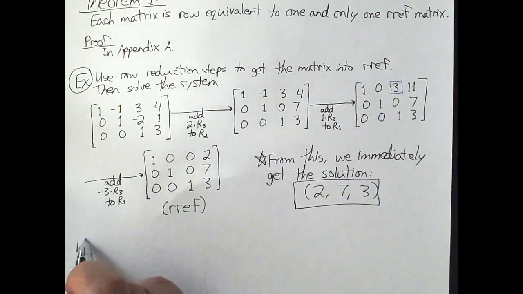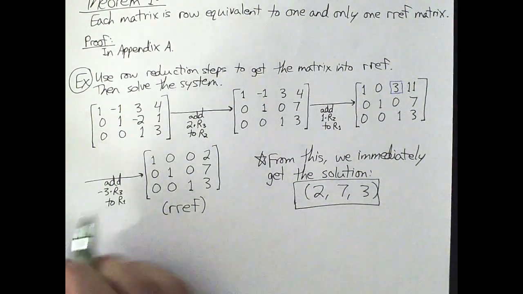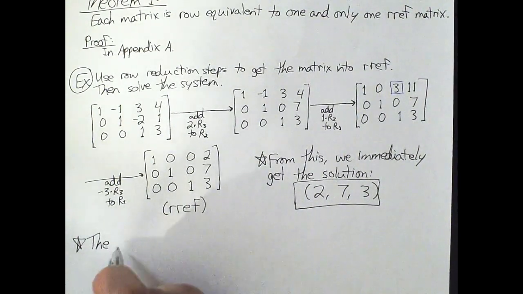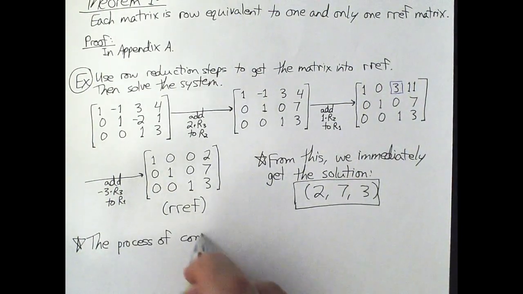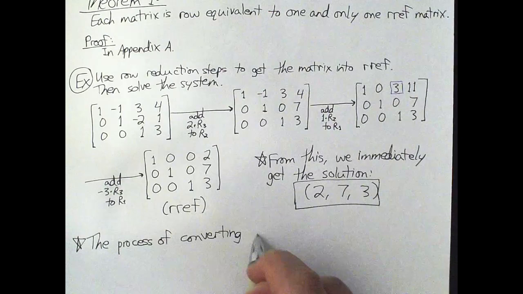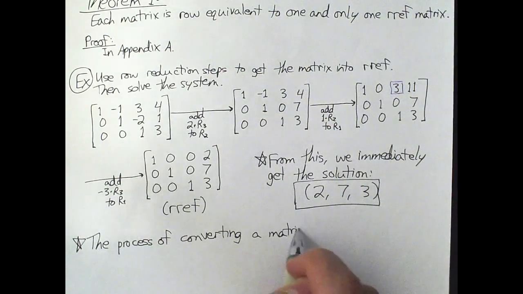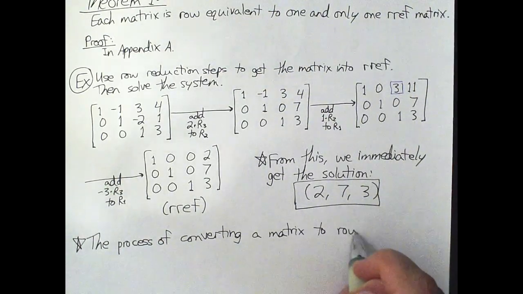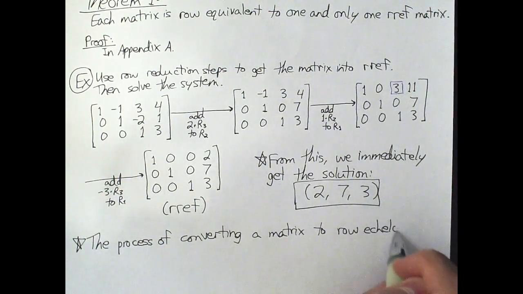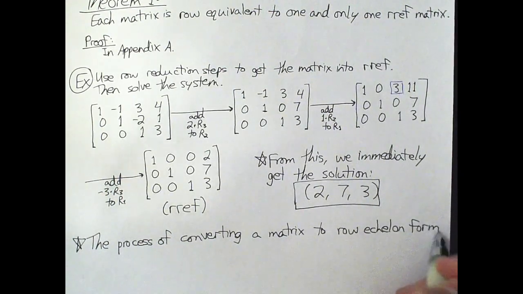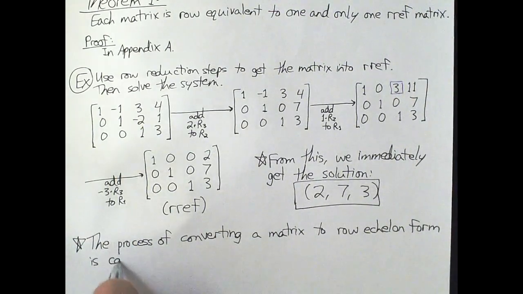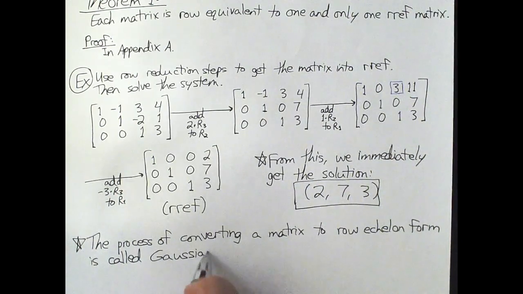All right, a little bit more terminology about this process we just did. The process of converting a matrix to row echelon form, I'm not using the word reduced right now, is called, as I said in the previous video, Gaussian elimination.